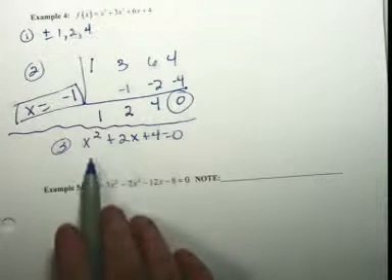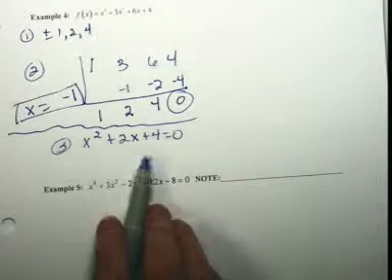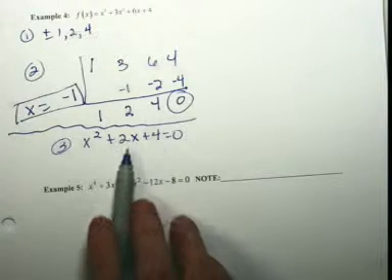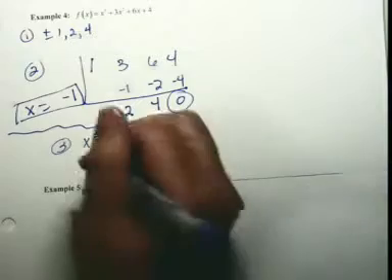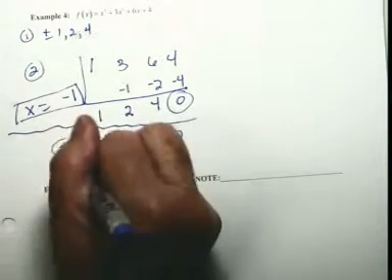Now this time, x squared plus 2x plus 4, 1 times 4 is not going to add to 2, 2 times 2 is not going to add to 2, so sometimes you have to go to the formula.